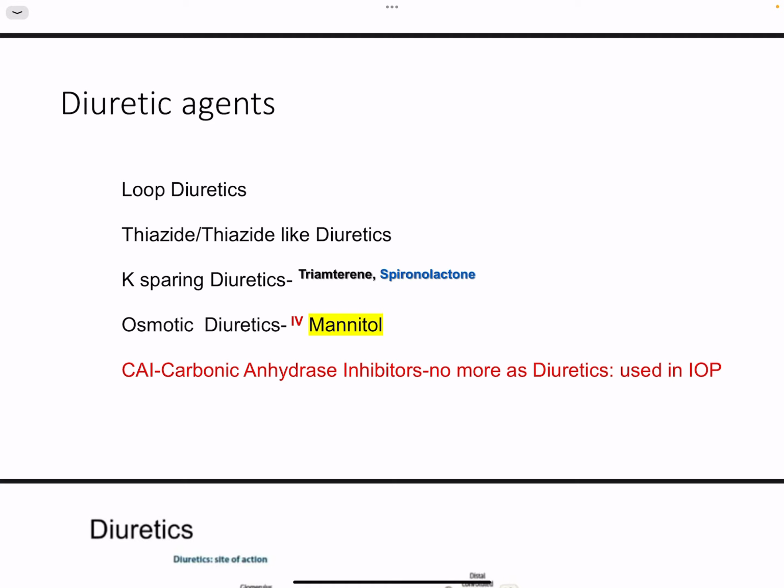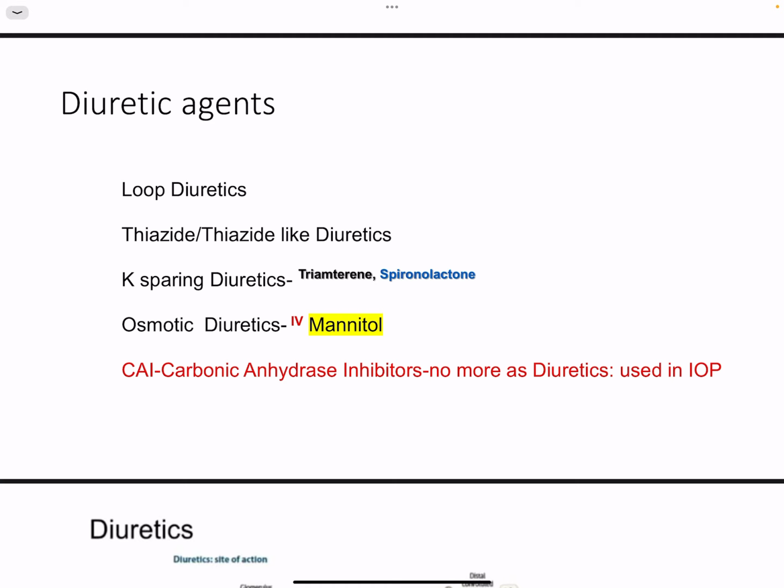Glaucoma. This is a disease called glaucoma. Glaucoma is increased intraocular pressure due to accumulation of fluid in the eye.